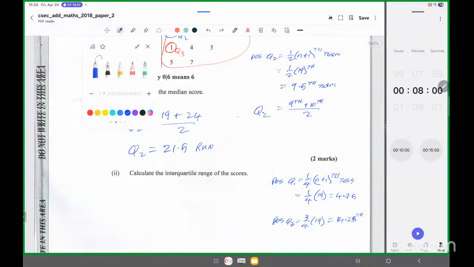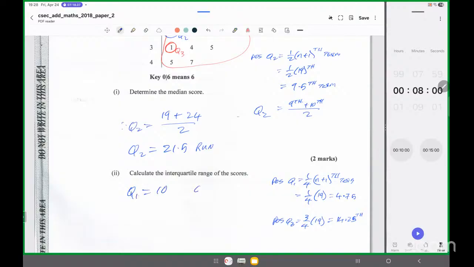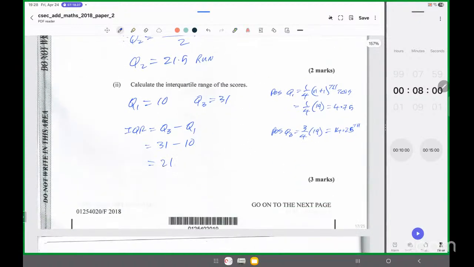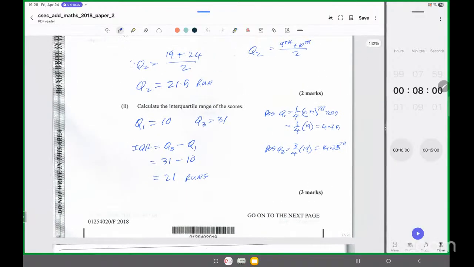So based on that, Q1 is equal to 10 and Q3 is equal to 31. So the interquartile range, Q3 minus Q1, becomes 31 minus 10. That's 21 runs. Q3 minus Q1.